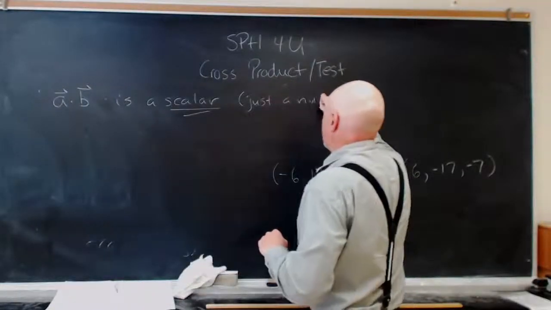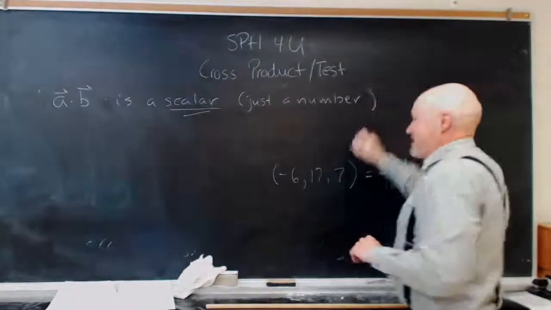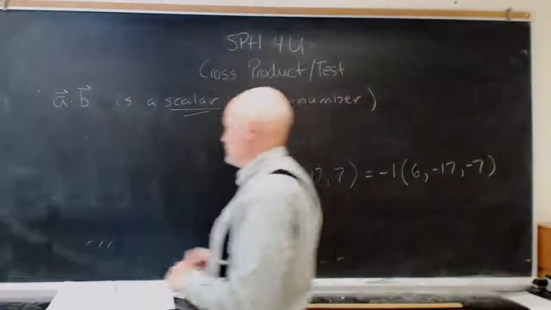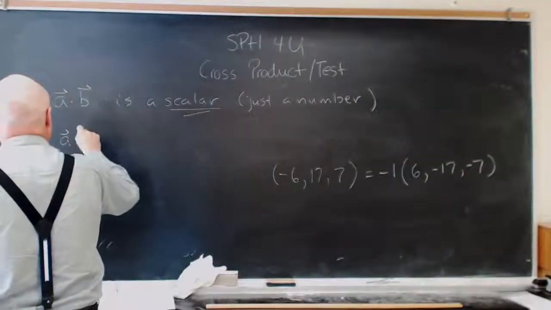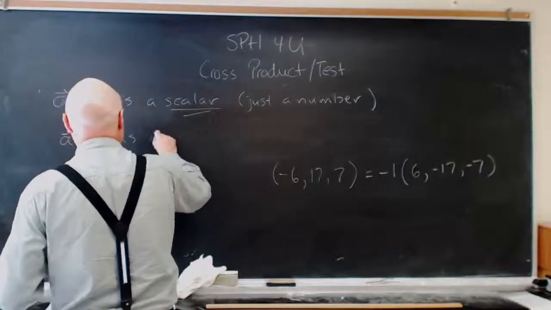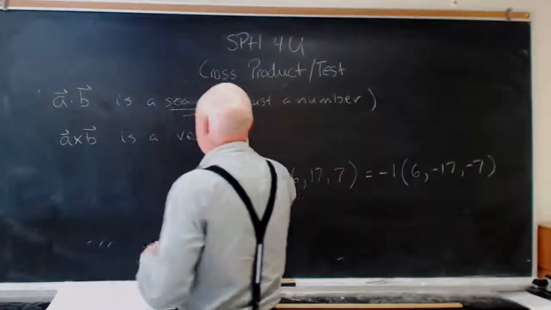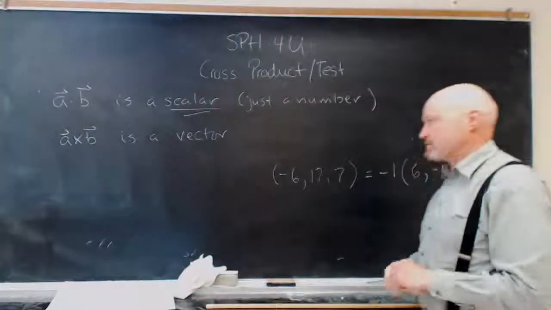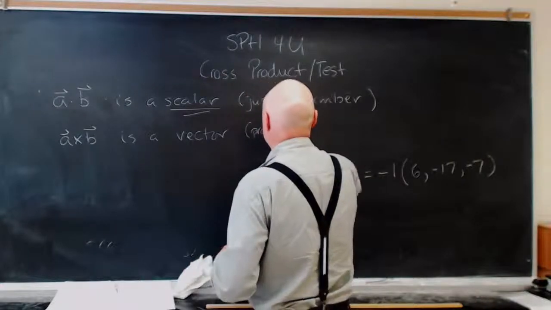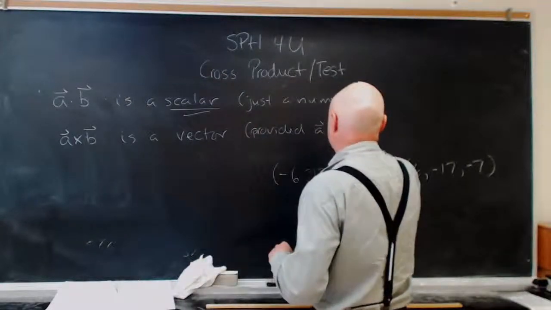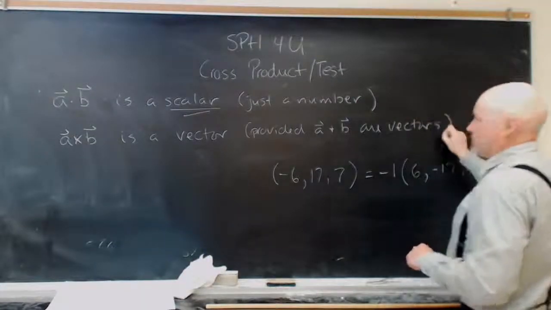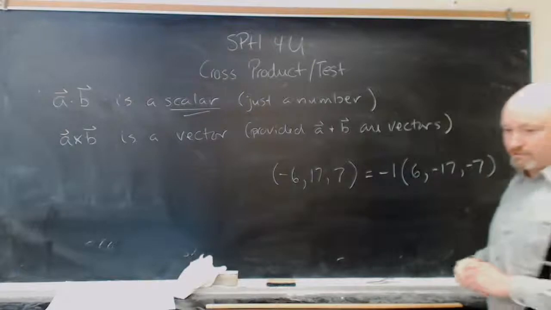So just a number. That's it. So A dot B is a scalar. So the operation of cross product gives us a vector, of course, as long as A and B are both vectors.